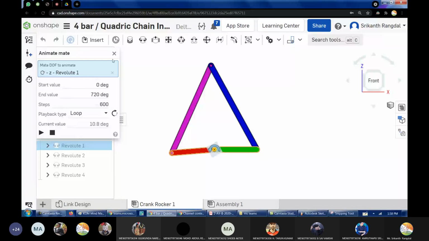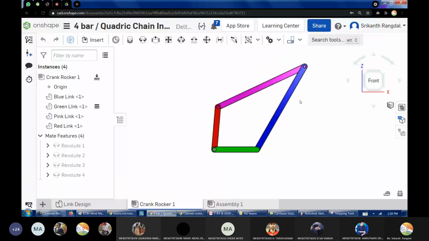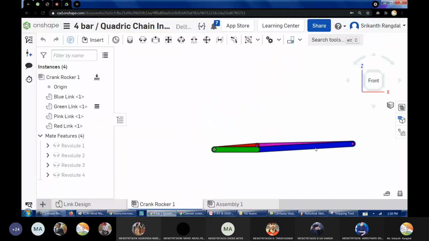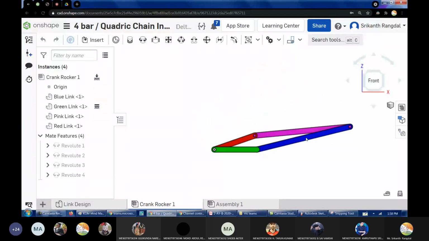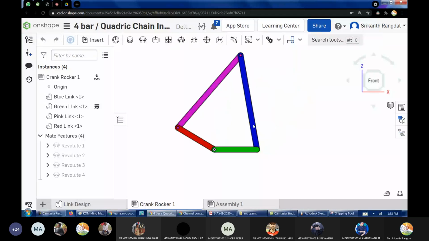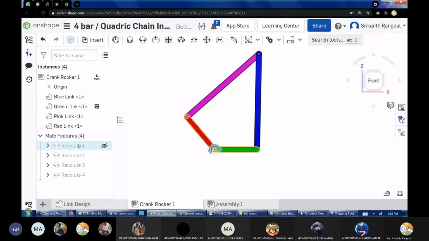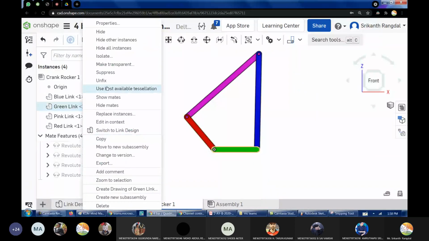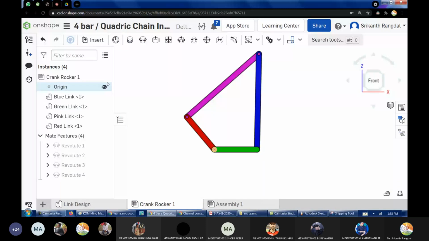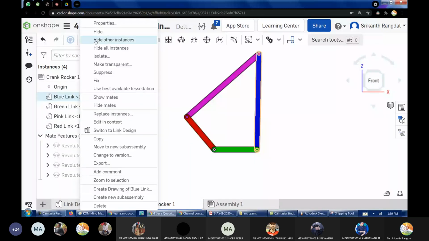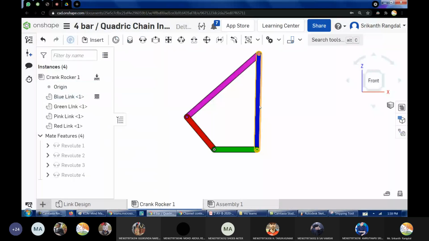Okay, let me keep it in this position. I will unfix the green link first, and now I will fix the blue link. Okay. Now the blue link is fixed.